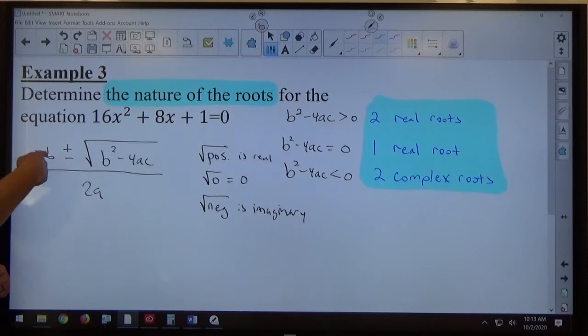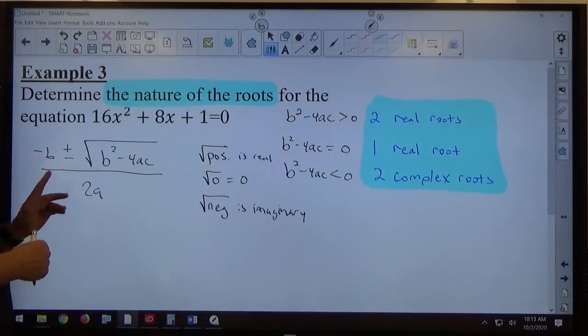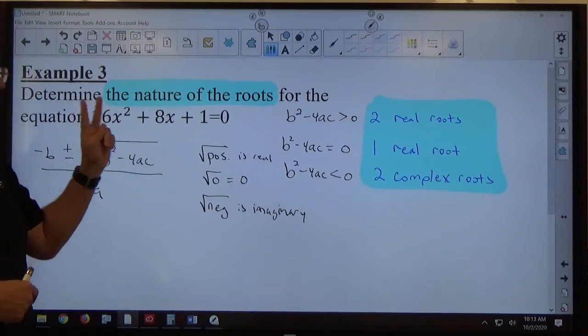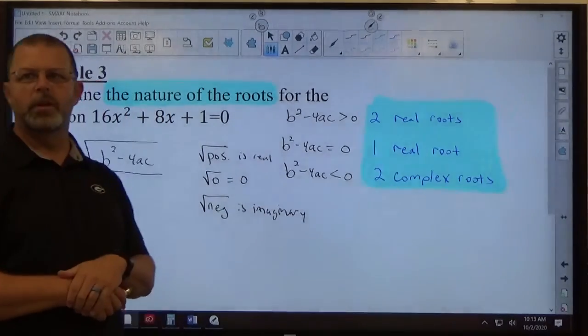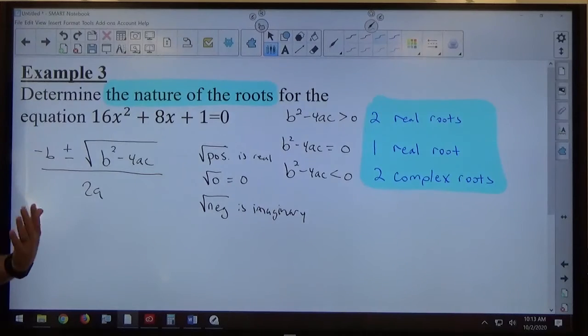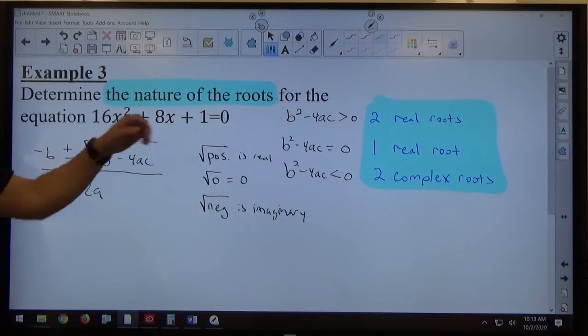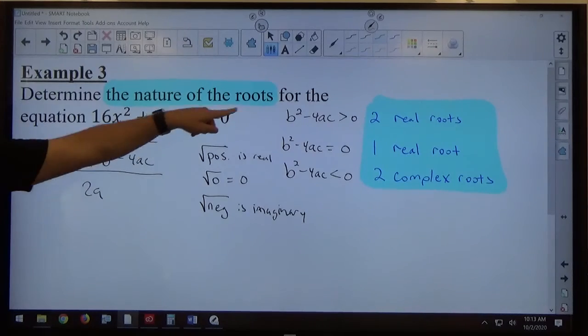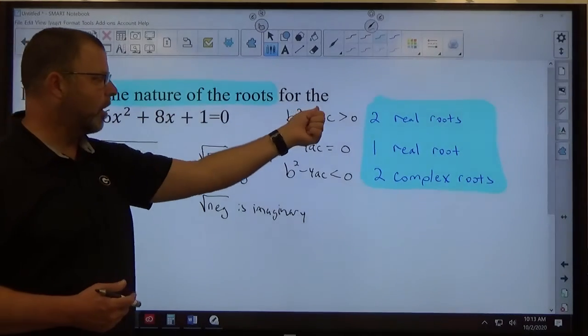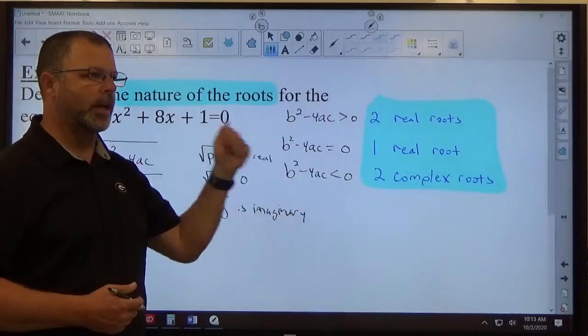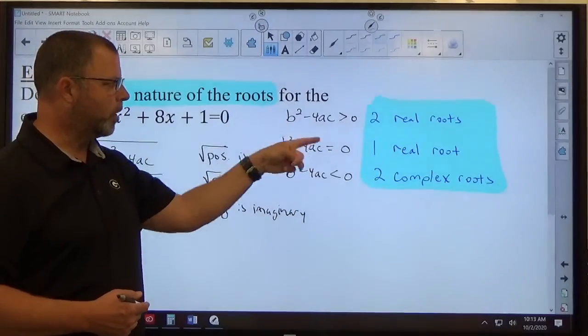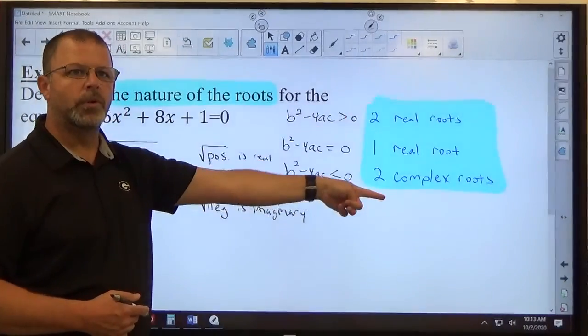So something plus something i and minus something i is 2 different answers, so 2 complex roots. So again, all we have to do to establish the answer to the question, one of those 3 choices, is evaluate b squared minus 4ac and ask ourselves, is it positive, is it 0, is it negative? Once you establish what it is, then you can tell me which one of those 3 choices it is.